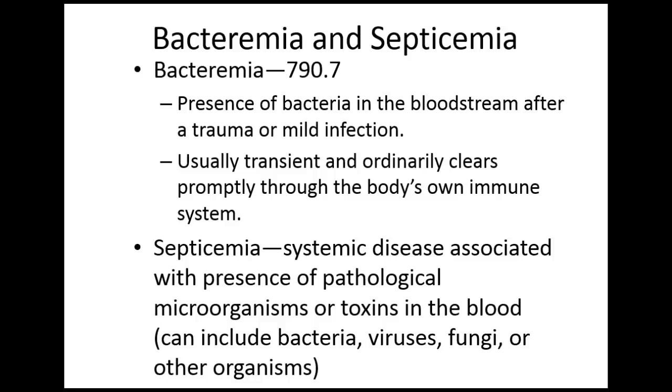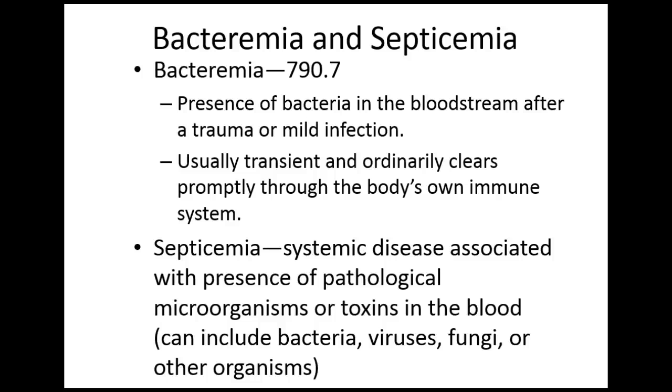Bacteremia is the presence of bacteria in the bloodstream, usually after trauma or a mild infection. Bacteremia is usually transient and ordinarily clears promptly through the body's own immune system, whereas septicemia is a systemic disease associated with the presence of pathological microorganisms or toxins in the blood, which can include bacteria, viruses, fungi, or other organisms.